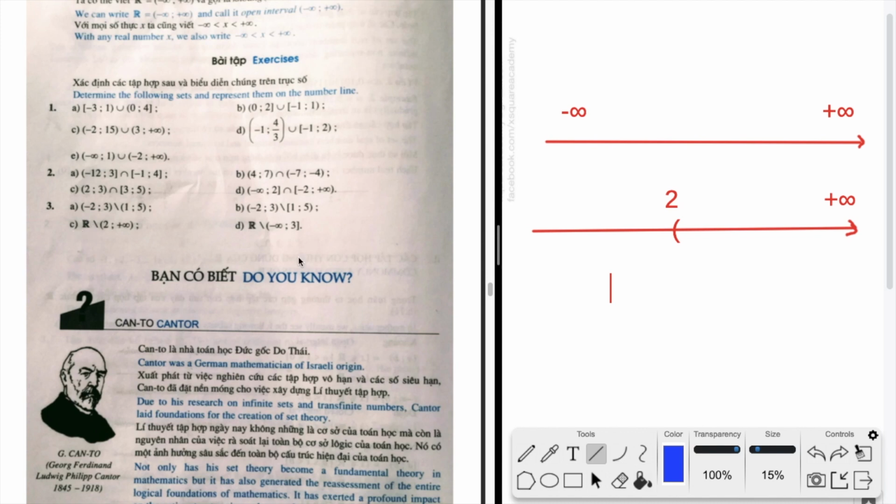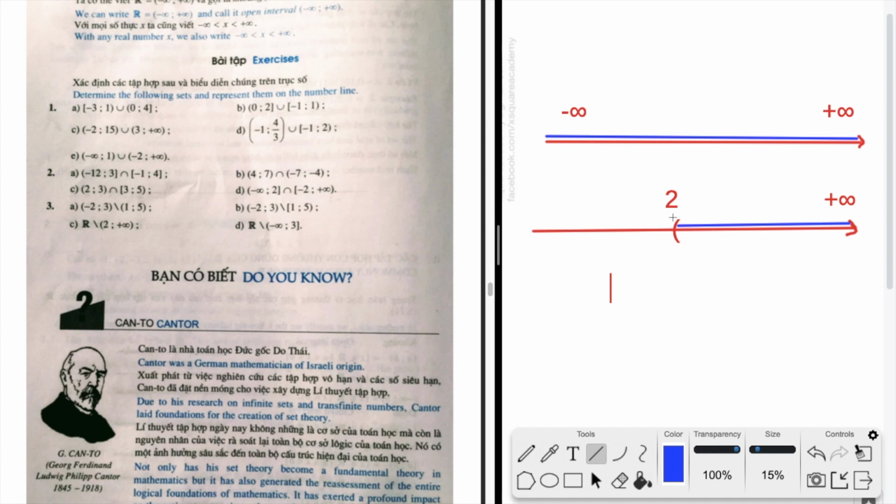C: R minus an open interval from 2 to positive infinity. That means the open interval from negative infinity to positive infinity minus the open interval from 2 to positive infinity. And you see, this is the interval that is in this set but is not in this set.